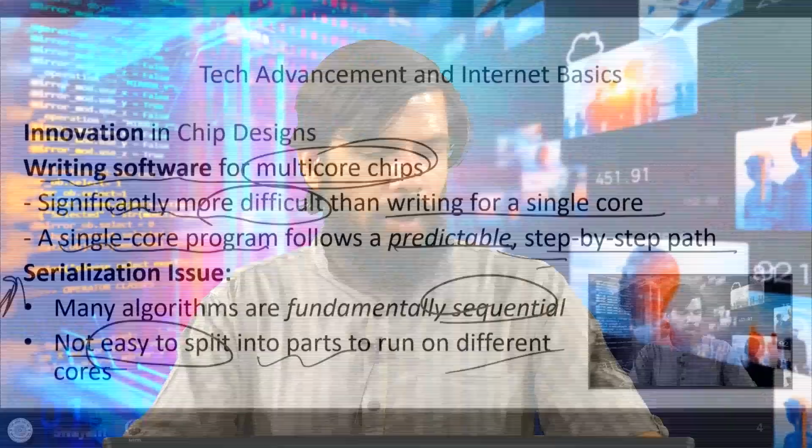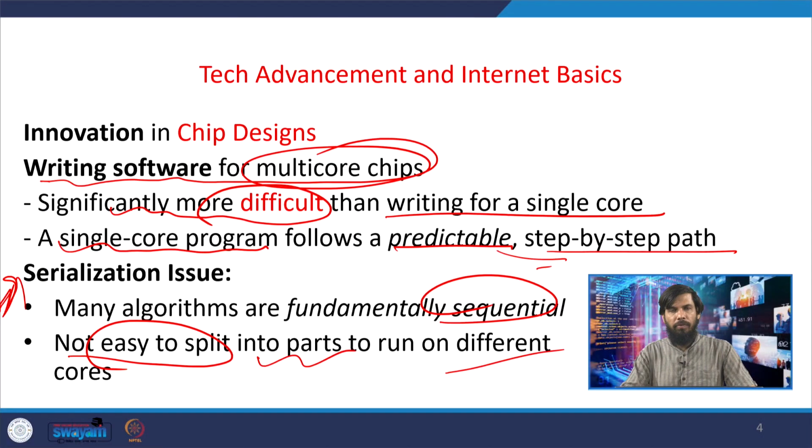Xbox and PlayStation also have 8 cores. Then we talked about writing software for multi-core chips, and how software has to be written to take advantage of multi-core architectures. We discussed a few issues. First, the serialization issue: algorithms can be inherently sequential, so it might be difficult to parallelize them and take advantage of a multi-core architecture.